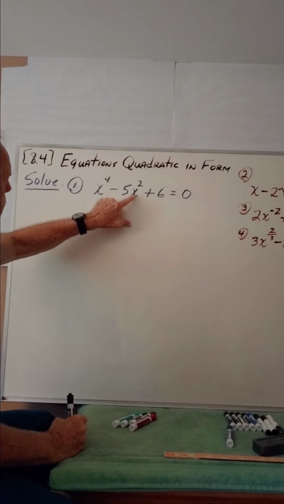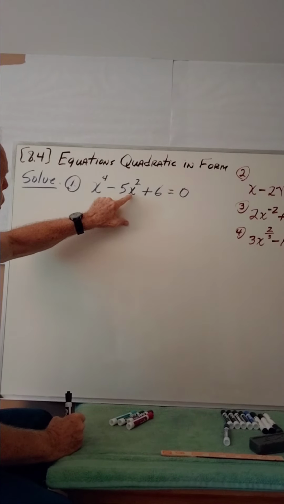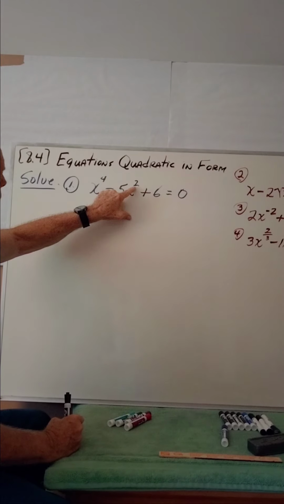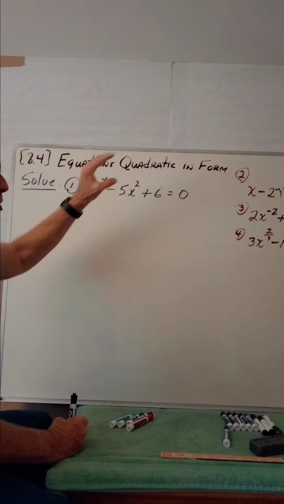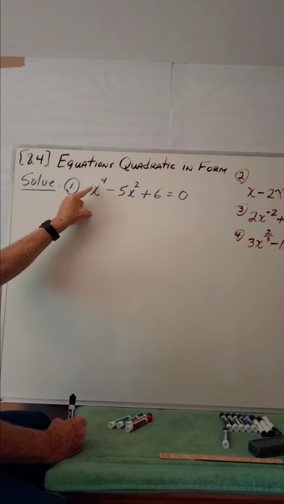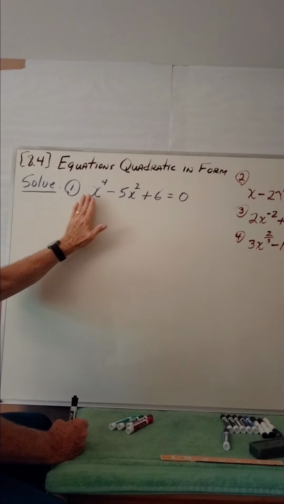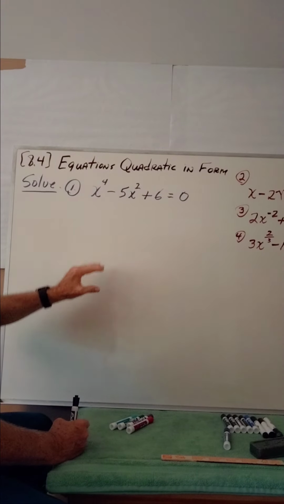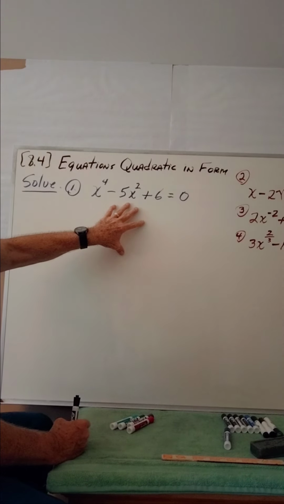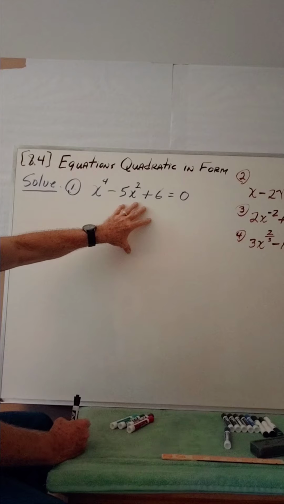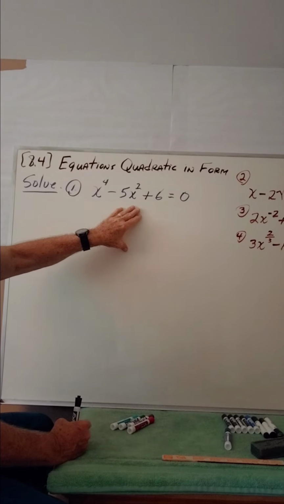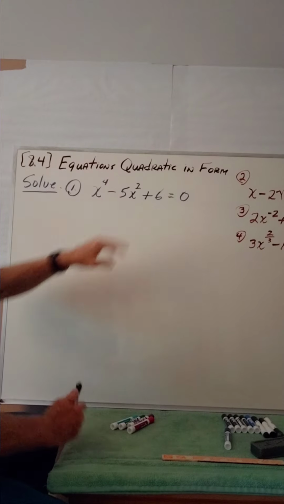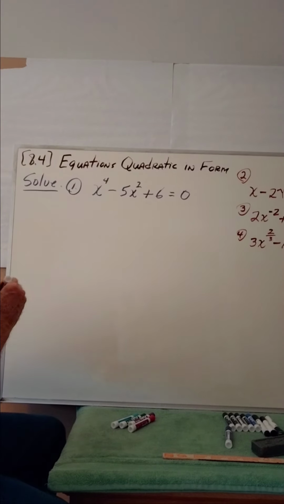If we take the variable factor of the middle term, x to the second, and square it, x to the second squared gives us the first term. And when we have that kind of characteristic, then we will be looking at an equation that is quadratic in form and is able to be transformed to a quadratic equation using an appropriate substitution.